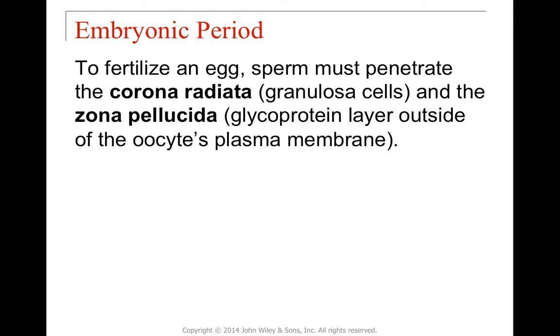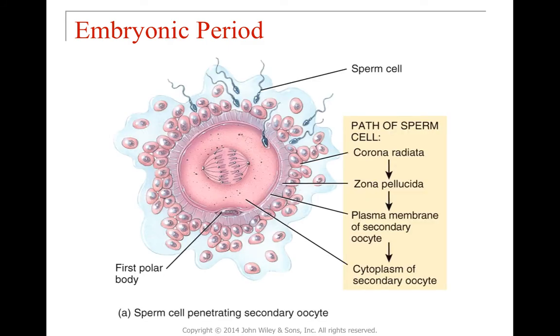But one of the things that they have to do is get through the granulosal cells, which are called the corona radiata. That surrounds something called the zona pellucida, which is basically a tight layer of glycoproteins directly outside of the oocyte's plasma membrane. Okay, so what does that look like?